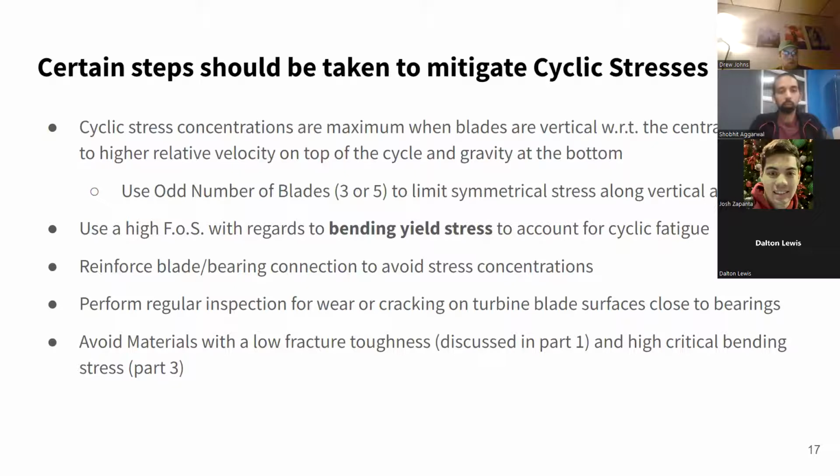So in order for that to be minimized, we decided to have a high factor of safety for both bending stress and also for centrifugal force, which we saw in the last few slides, and all the materials that we're looking at so far have high factors of safety there, so that's not as much of a problem. Same thing with fracture toughness that we discussed in part 1, and all the materials there are also good for fracture toughness.